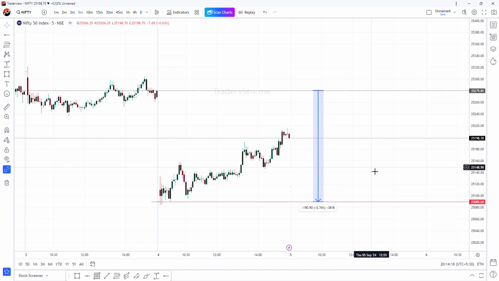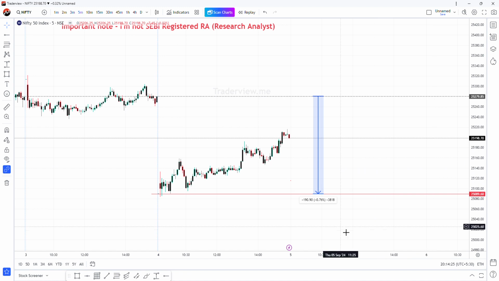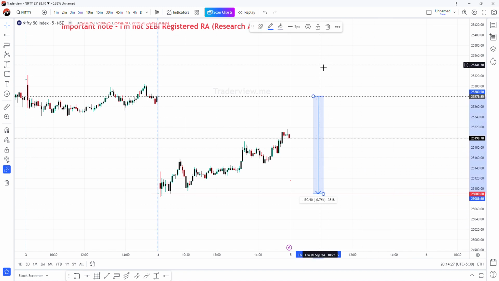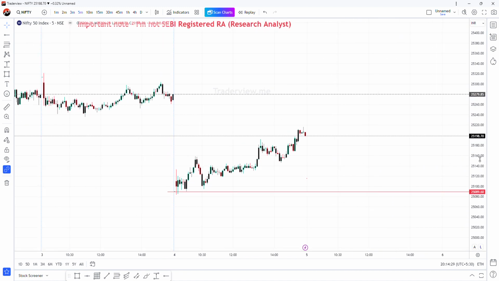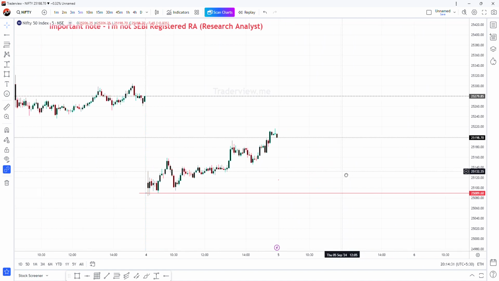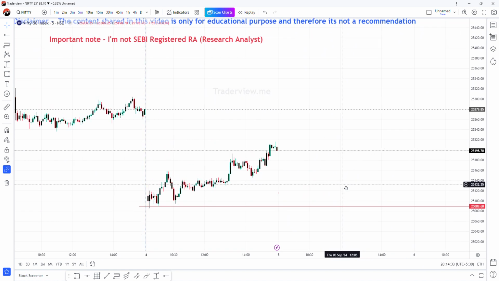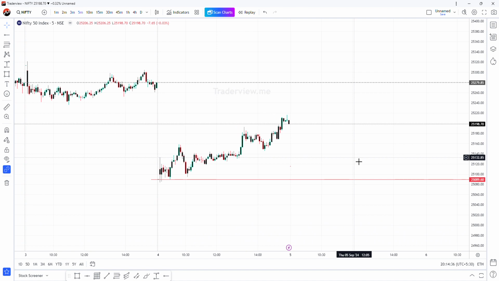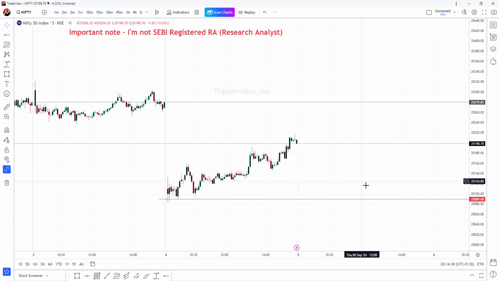Because of the global markets impact, our Indian markets also have got a bad hit and it has opened with a gap down. Fine. I will try to make a separate video on Nifty 50 and Bank Nifty on how to trade when it opens a huge gap up or a gap down.